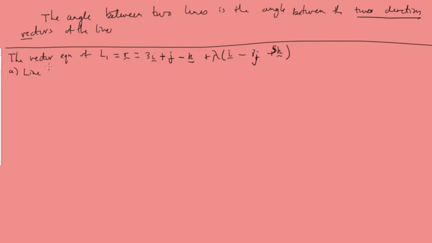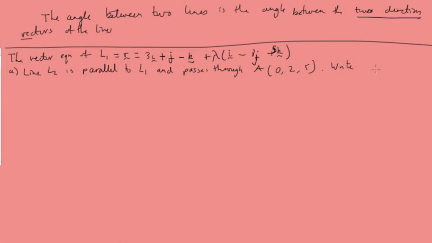Now, line L2 is parallel to L1 and passes through point A (0, 2, 5).